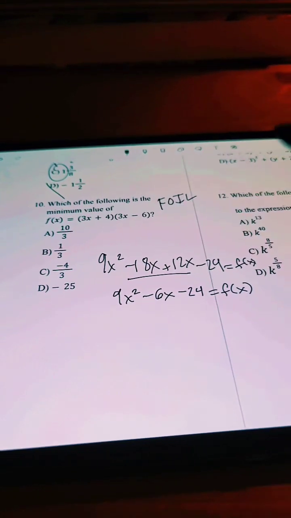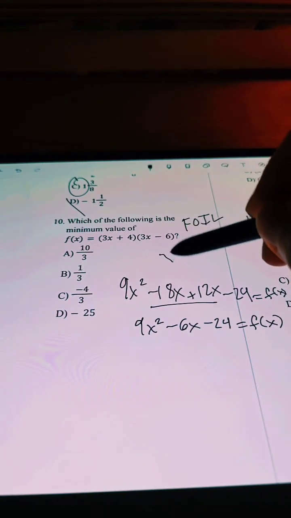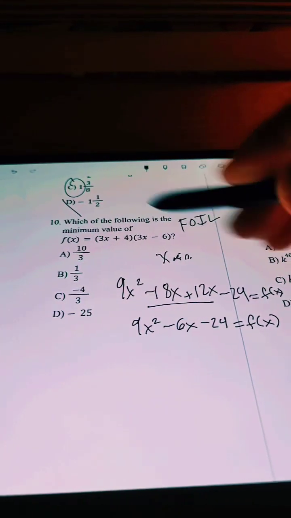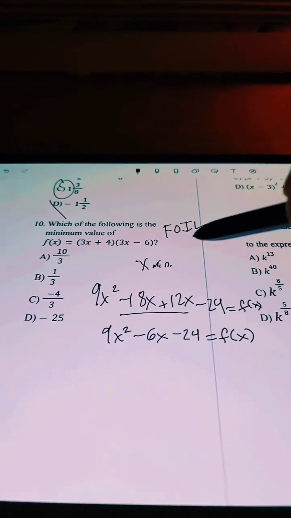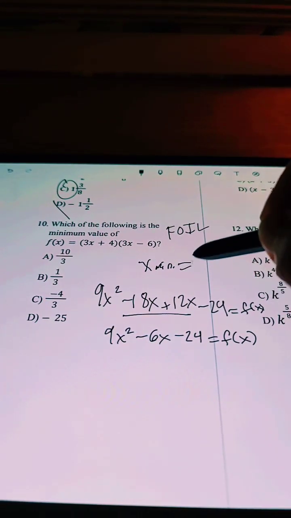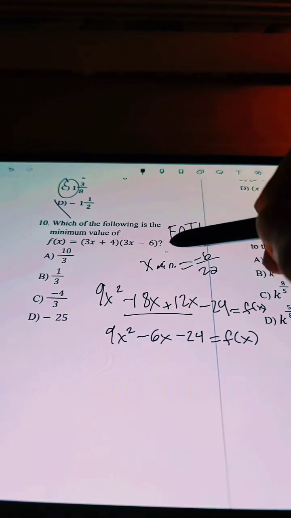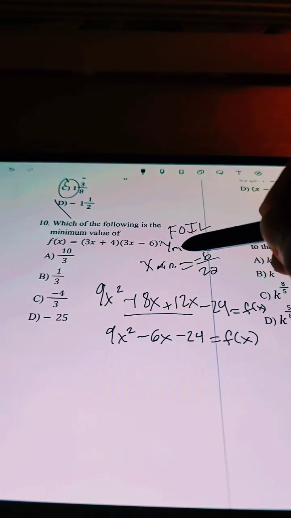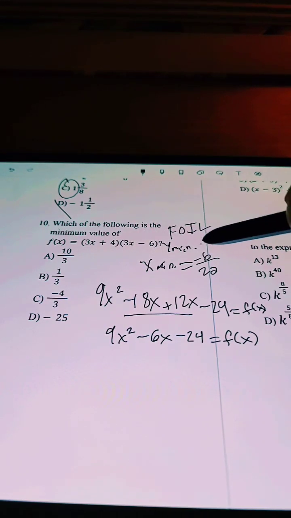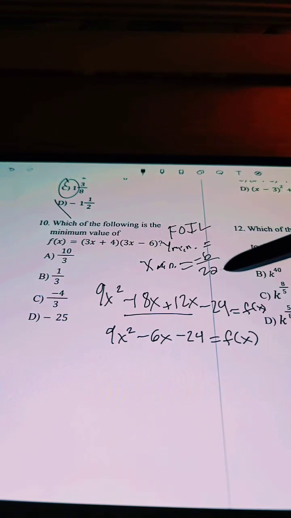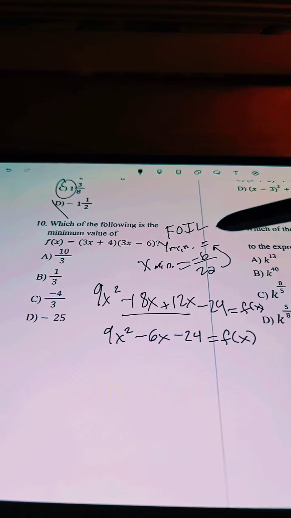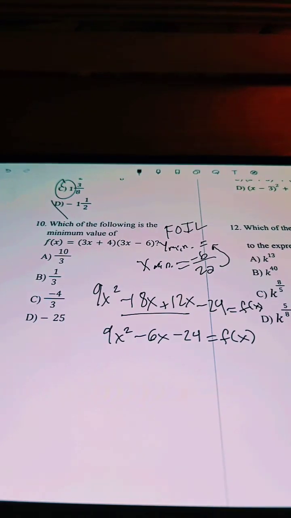To find the x min, or in other cases the x max, we use the formula negative b over 2a. Then to find the y min, or y max in another problem, all you have to do is plug that into the equation.